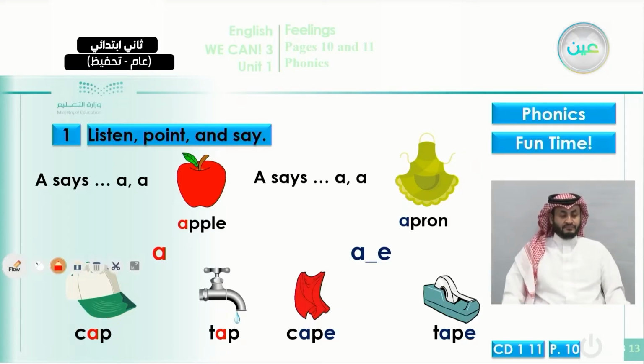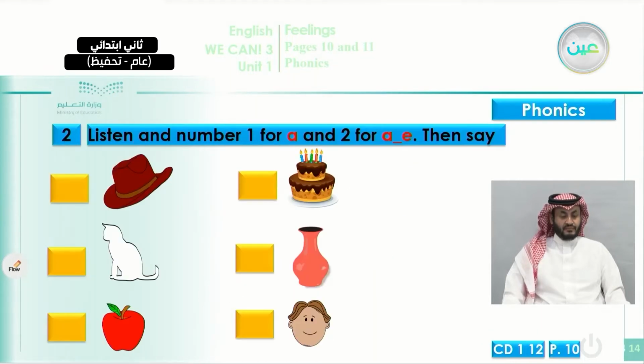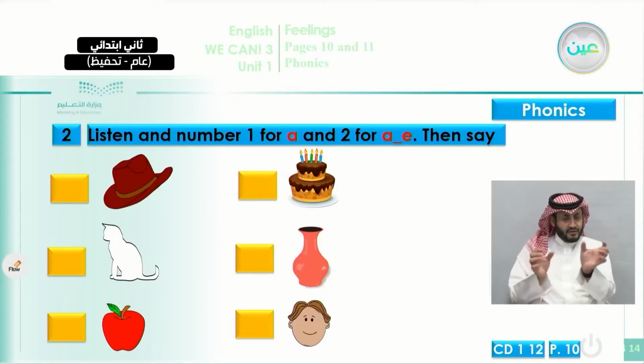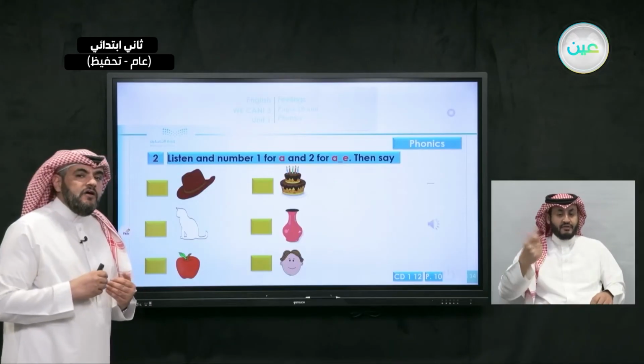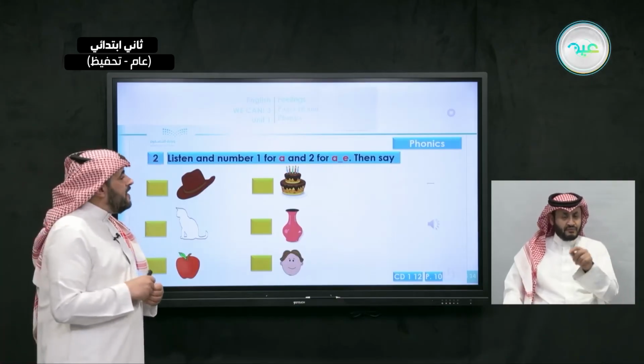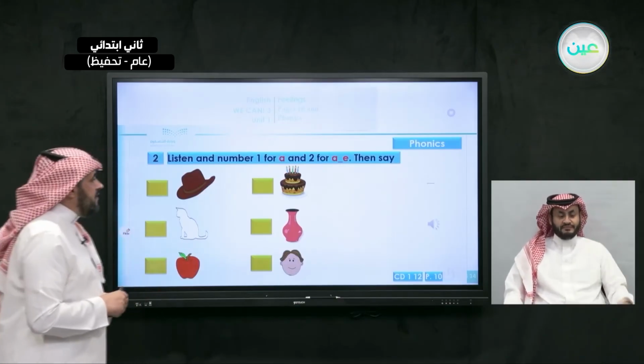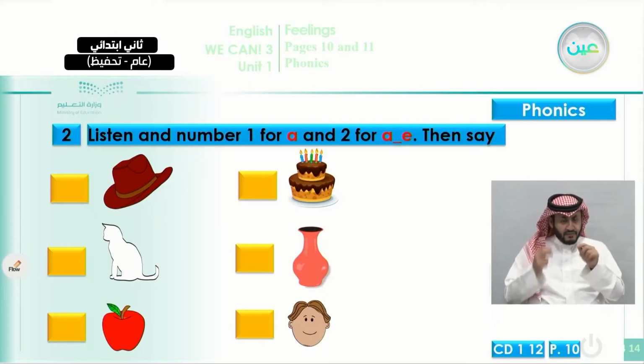Okay. Now let's move to the next exercise, which is exercise number 2. In here, you need to listen, and number 1, you make number 1 in one of these squares for the A sound, and you write number 2 for the one which is A, pronounced as A. As we said, when there is an E at the end, we pronounce the A, which is before the last, as A sound. Okay. Now let's have these pictures and tell what these pictures are.